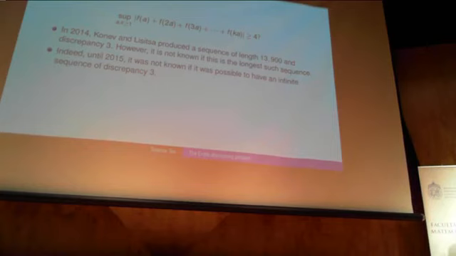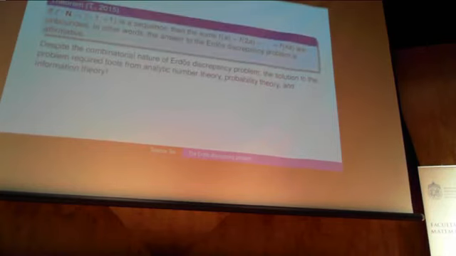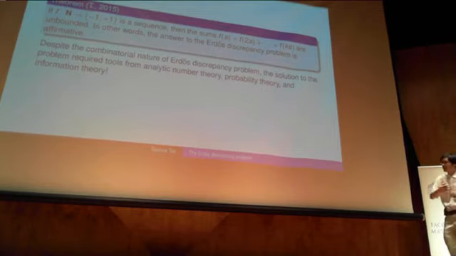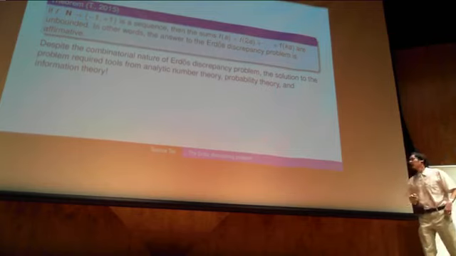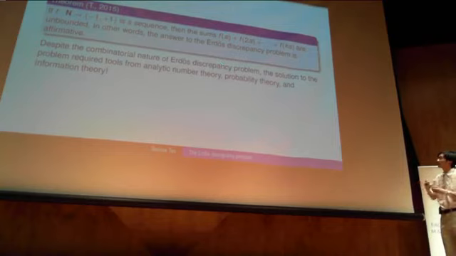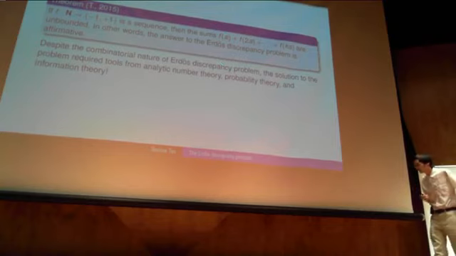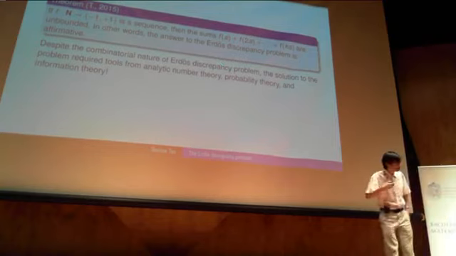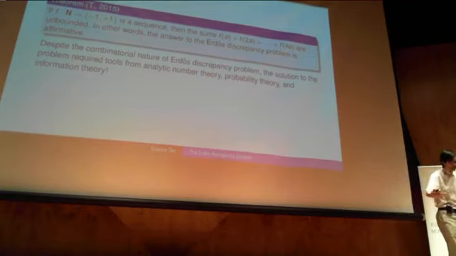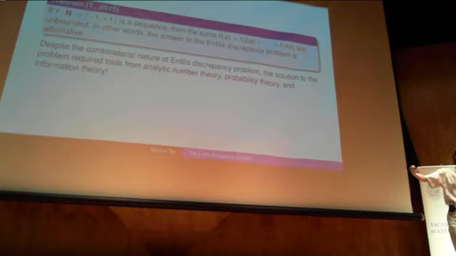So what I did in 2015 was I actually showed that the discrepancy does have to grow. As you go further and further out in the integers, the discrepancy must become unbounded. So eventually, for n big enough, the discrepancy must become 4, must become 5, and so forth. I didn't say when it would happen.